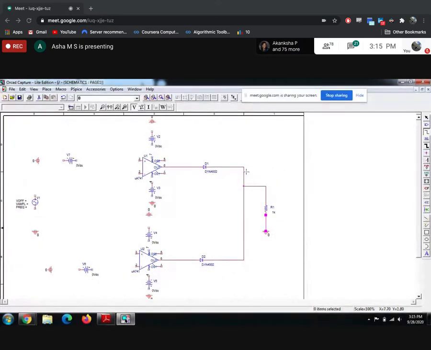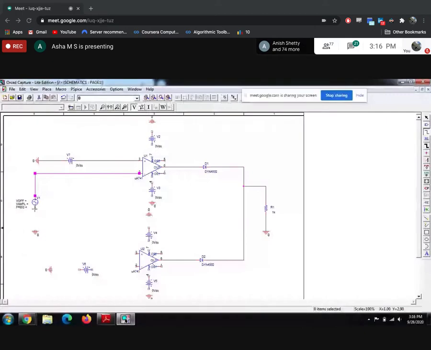Next, pin number 3 of the first op-amp is connected to the positive of the power supply. Negative of the power supply is connected to ground. Pin number 2 is connected to one end of the signal generator.